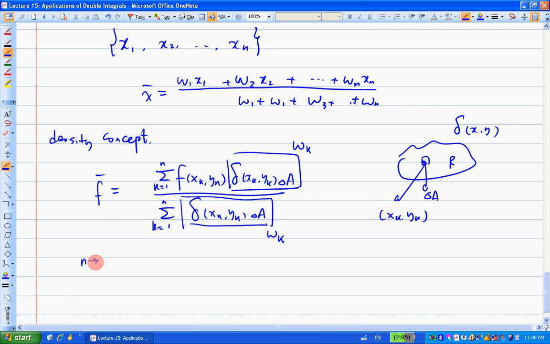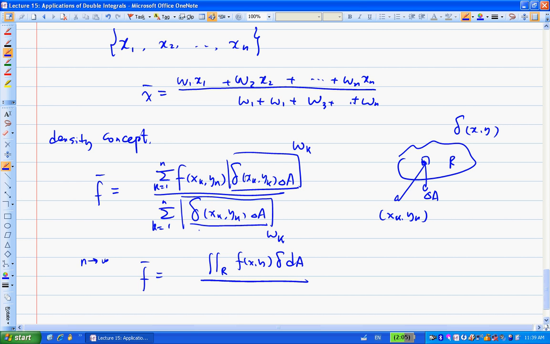And as n goes to infinity, the top here is a double integral. The bottom here, when you integrate this portion, what do you get? If I consider this delta as a density, density times delta A is a small mass at one location.